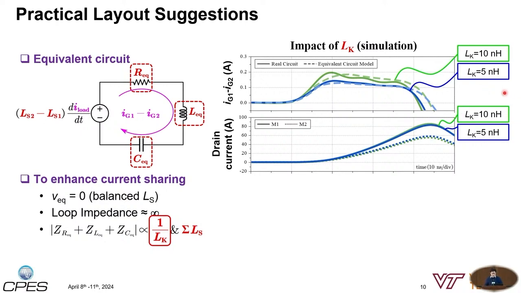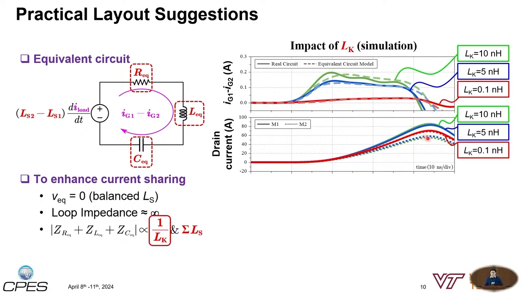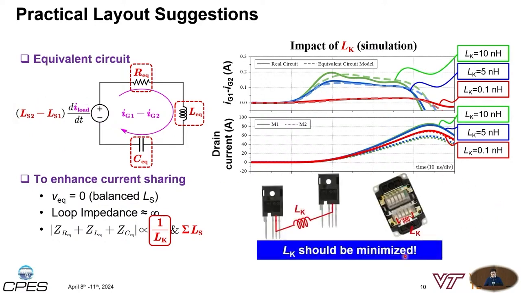Or we can even decrease it down to 0.1 nanohenry, which means you almost don't have any Kelvin source connection between 2 parallel MOSFETs. You can see the 2 drain currents are almost balanced, even if you have a source mismatch in this circuit. Which means that the Kelvin source parasitic between parallel devices should be minimized.